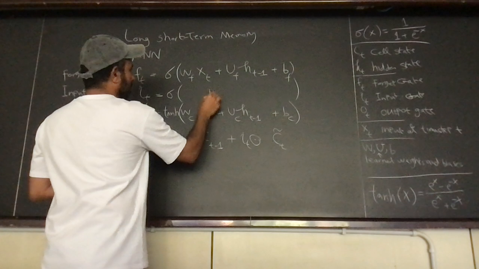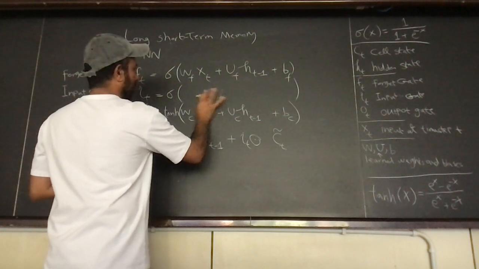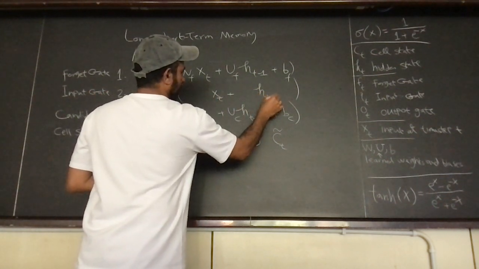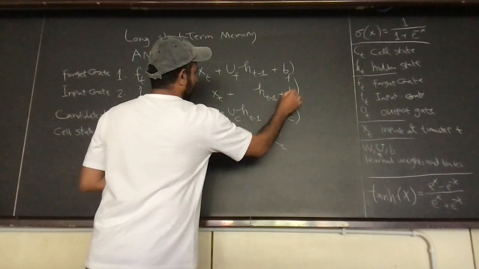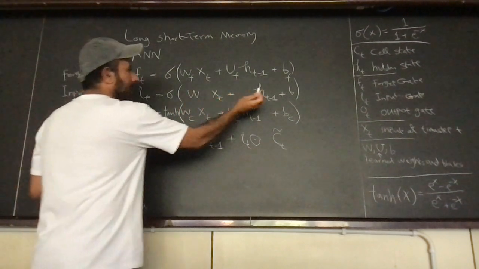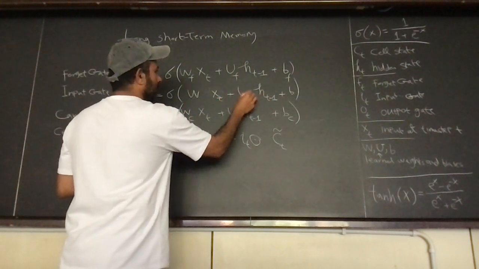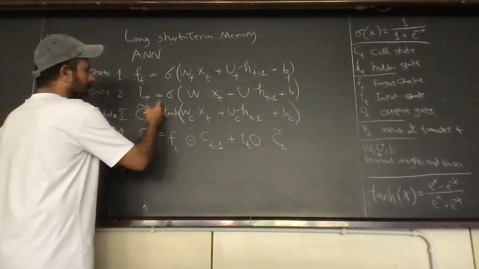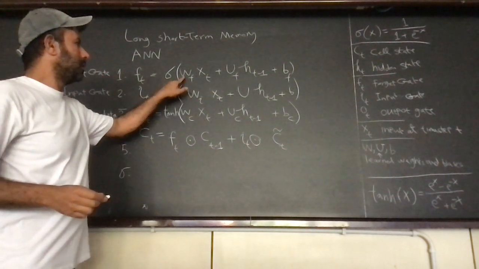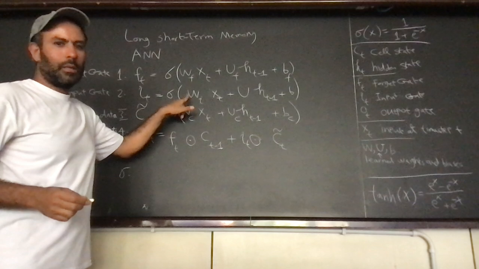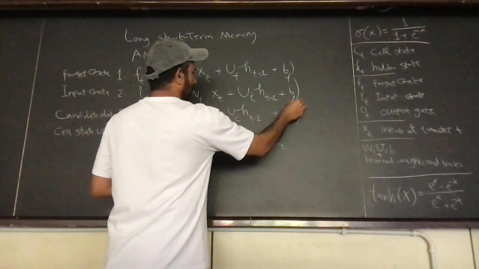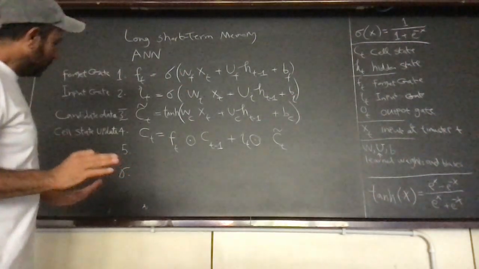It's the weighted inputs W, the weighted hidden state U from time step t minus 1, plus bias, and we give the sub i to make it distinct from the other weight matrices. i here, also i here. Until now, so good.